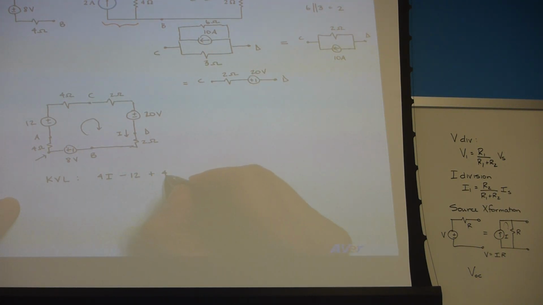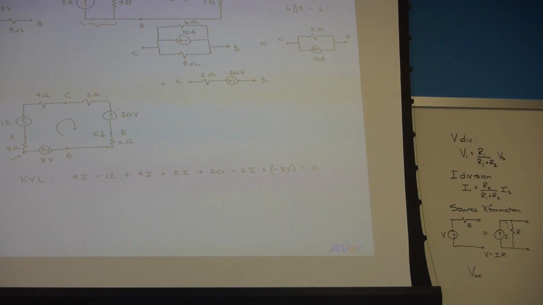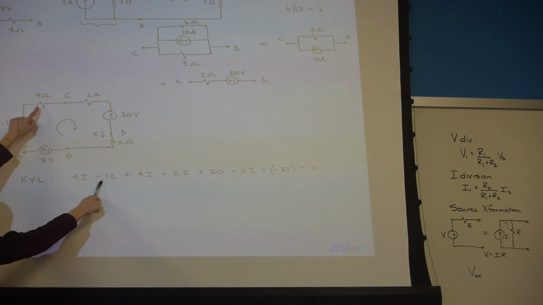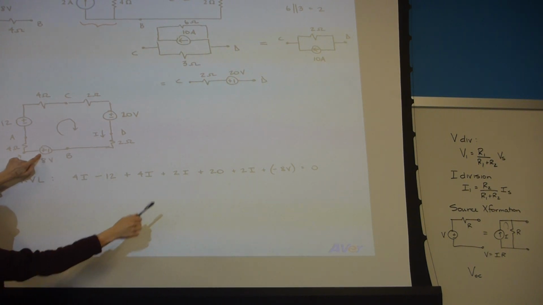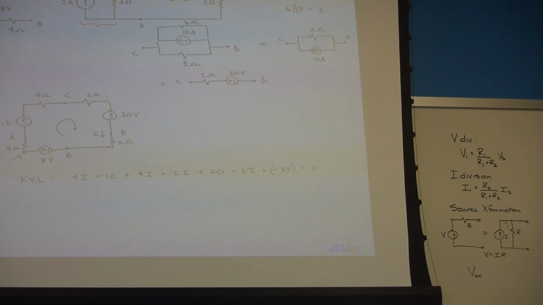We're going to have another 4I drop, plus another 2I drop. 20 is a drop, a 2I drop, and then a gain of 8 volts. So again, we drop voltage here, we gain it here, so it's negative, drop, drop, another drop, drop, and a gain. So now we just solve for I.